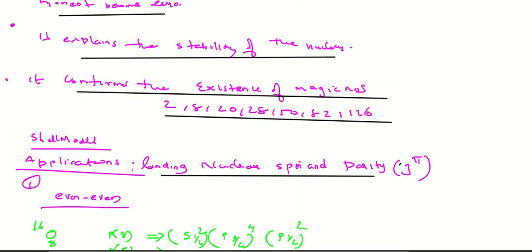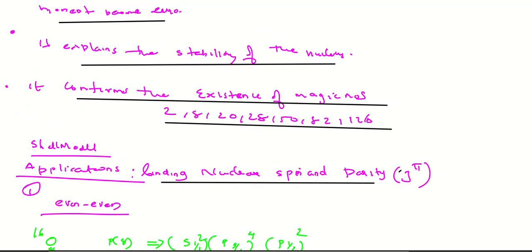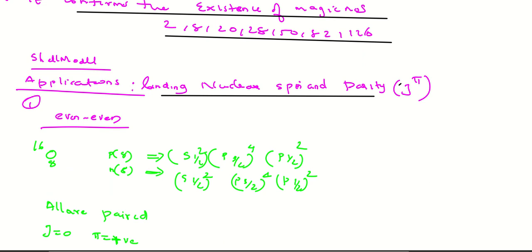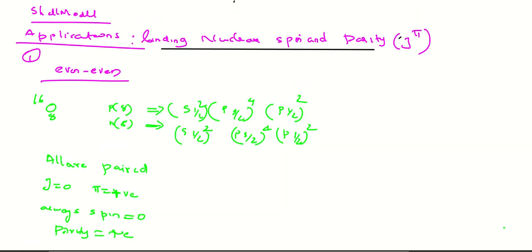So consider the example of oxygen 16-8. We know that the mass number of oxygen is 16 and the atomic number is 8. So the proton number of oxygen is 8, and 16 minus 8 gives the neutron number, that is 8.